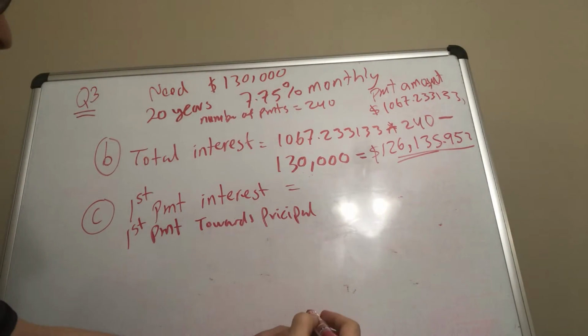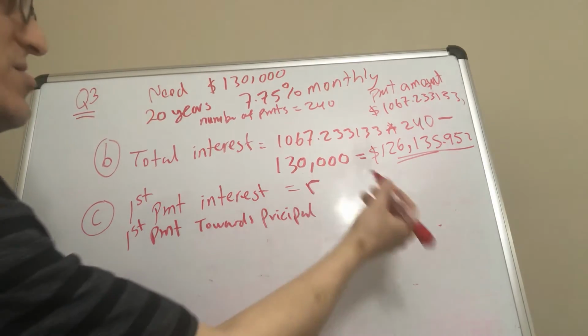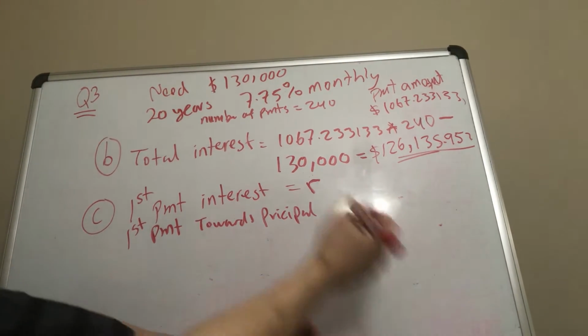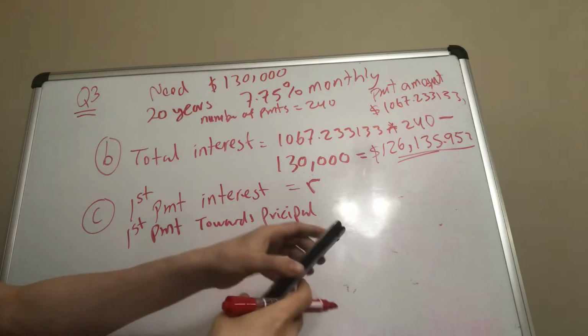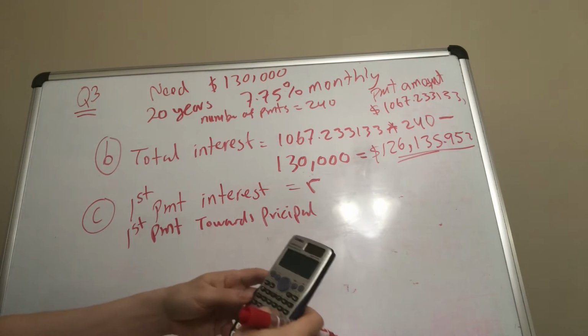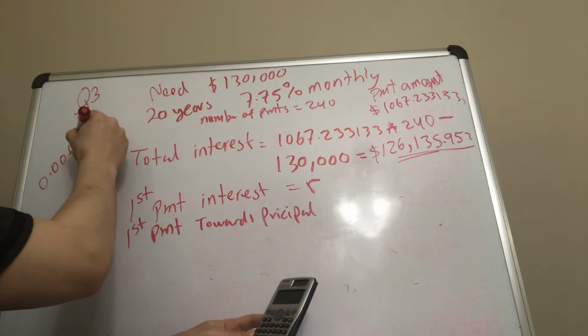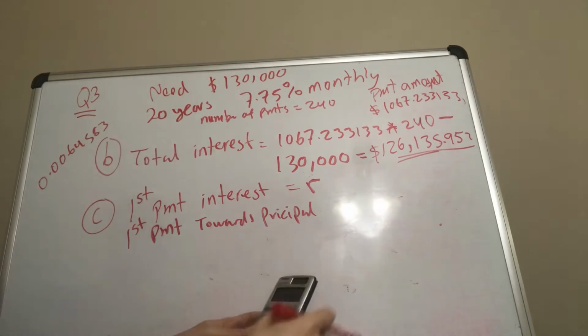To do the first payment interest, we take R, whatever the R is. We figured out the R earlier, and I remind you, R was 0.0064583. That was your R.